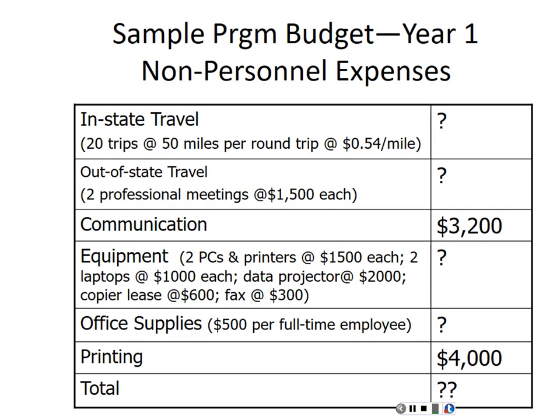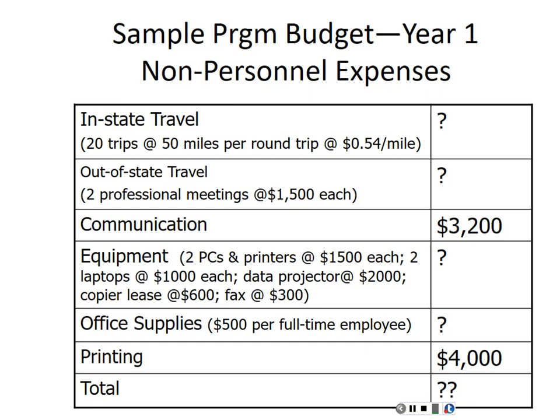So you go to your personnel budget, you see how many full-time employees you have there, and you multiply that number with your supply estimate per person. So you don't have to figure out what every pencil or each piece of paper will cost you. You can use a budget.